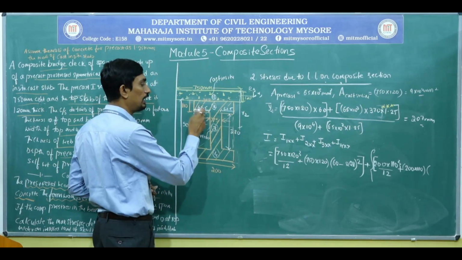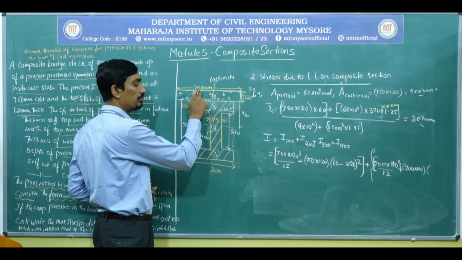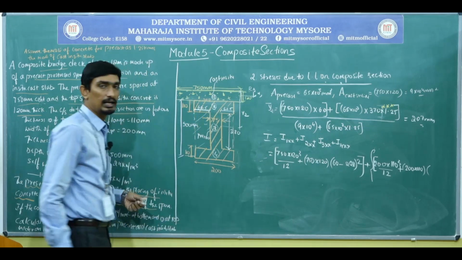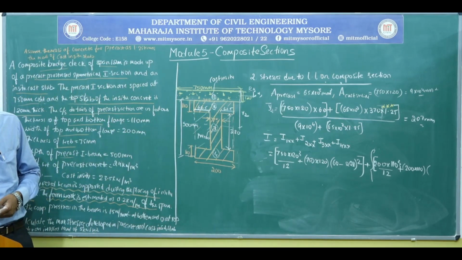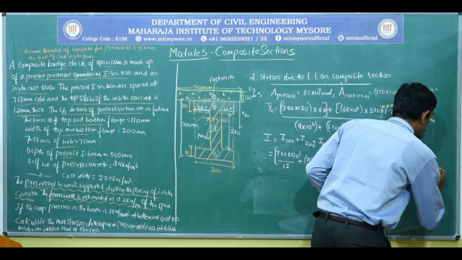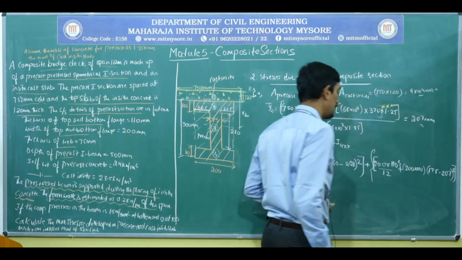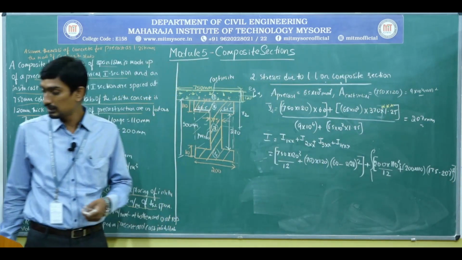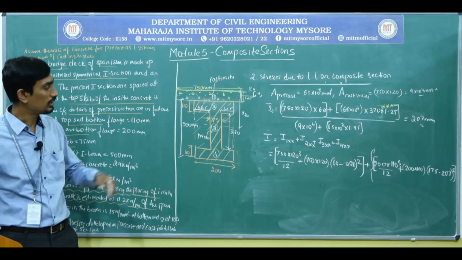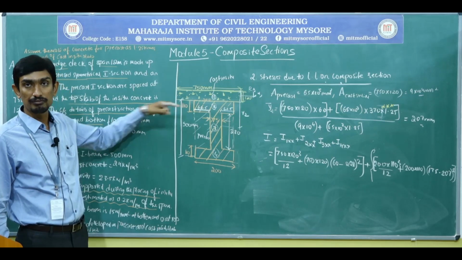Now Y2 of this, that is 110 divided by 2 measured from the top. That is 120 plus 110 by 2, so that is 175, minus 207 whole square. So this is your height 2. 175 minus 207 whole square. That is 120 plus 55, that is 175.